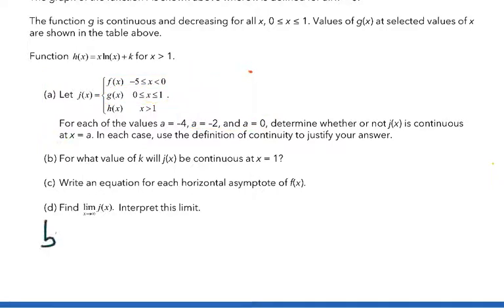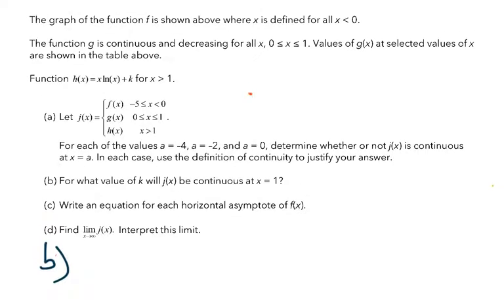All right, letter B. For what value of k will j be continuous at 1? So let's go see where j is. That's at a boundary, right? 1 is where g, the table function, meets h, the analytic function. So I need to set them equal at 1.